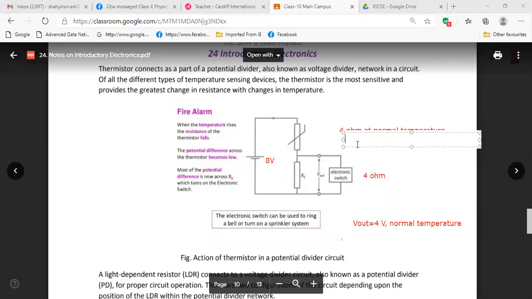If the temperature increases, then what will happen? Your thermistor resistance will decrease, isn't it? Yes, sir. For example, we are thinking it is now 2 ohms at higher temperature.